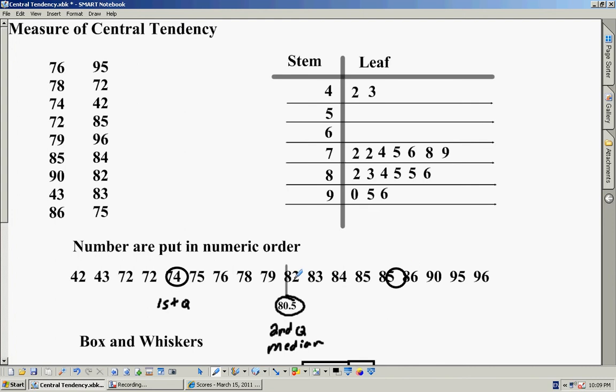And let's see here, is it 85? Hold on, let me check it out. It's this number right here. That's your middle number, 85, so that's going to be your third quartile. So these should be your numbers. 74 is your first, 80.5 is your median or second quartile, and the third quartile is the 85. I don't know why my little circle was out of place.